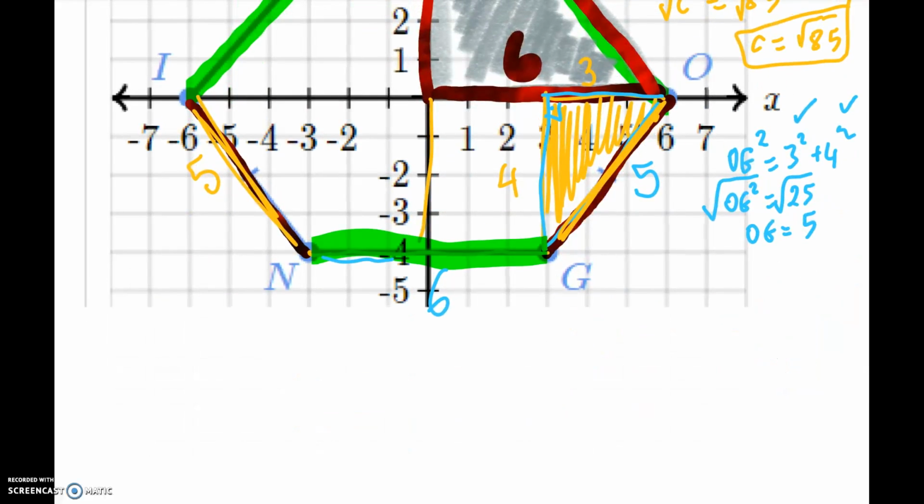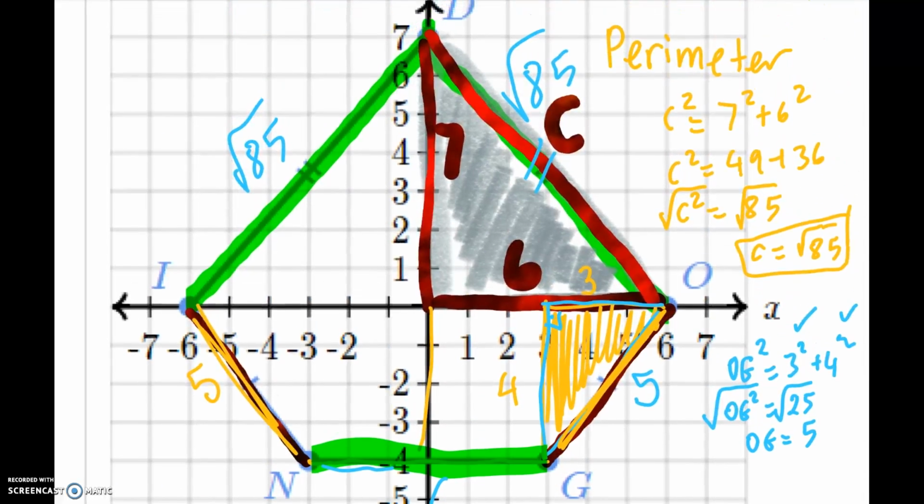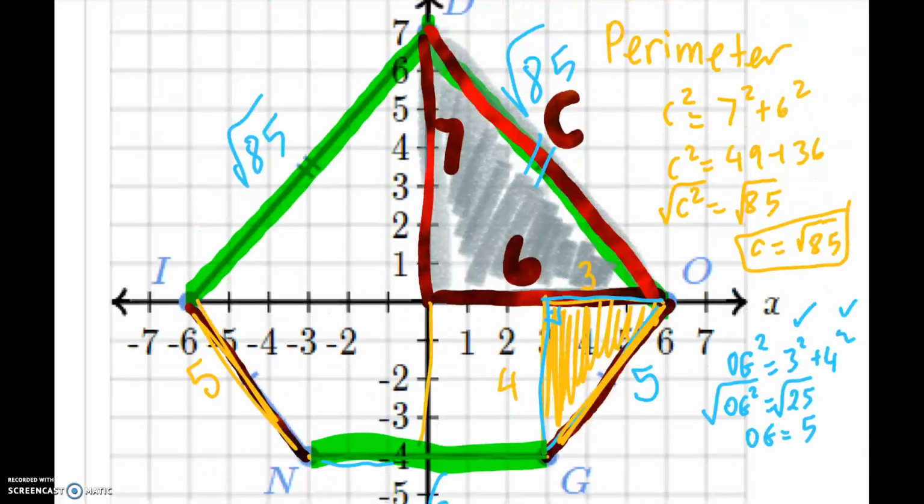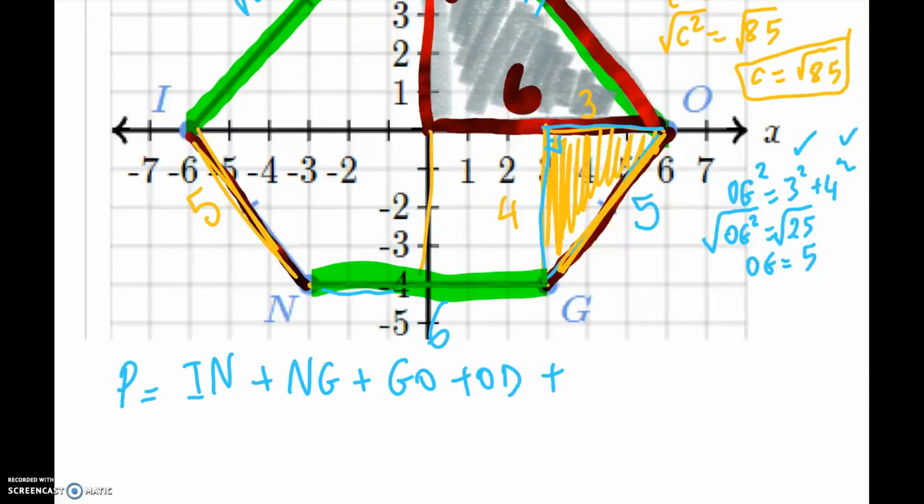All right, what is the perimeter? Perimeter is the distance around the shape, which is, let's start from IN right here, like Indiana, and NG plus GO plus OD and plus DI.